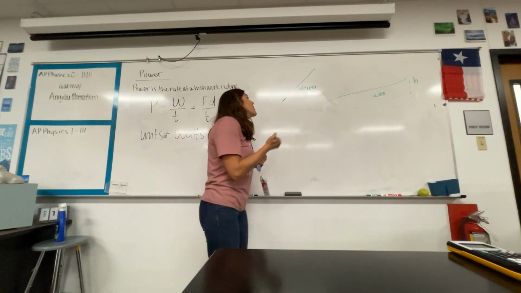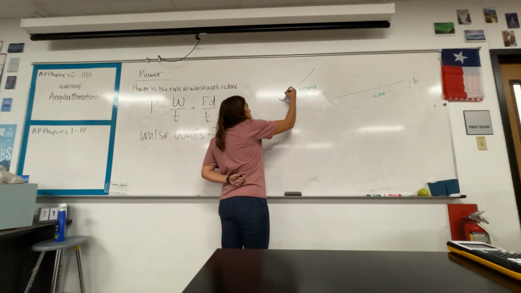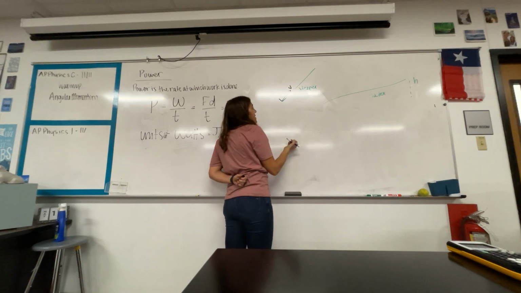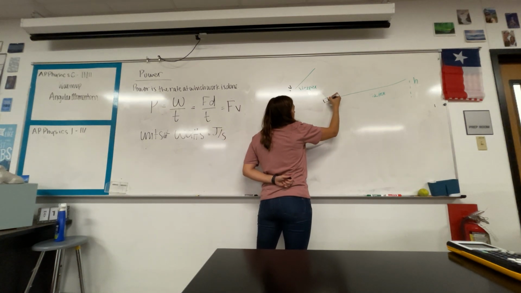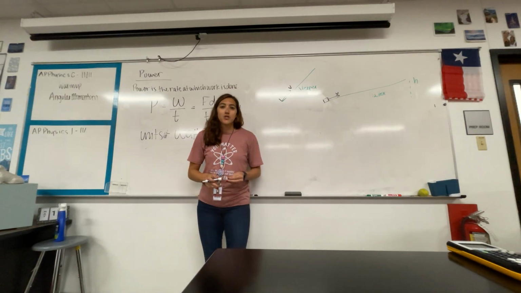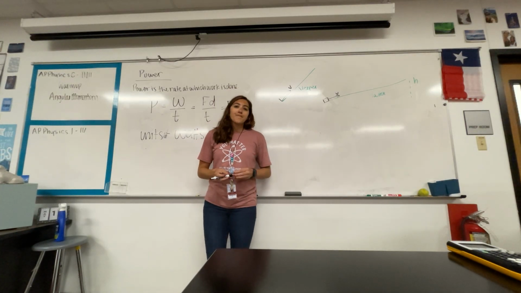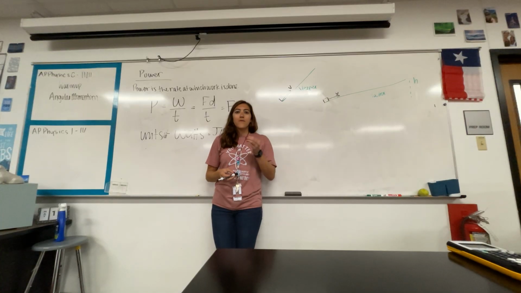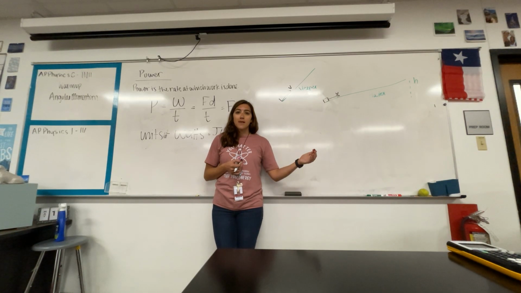And I'm going to push an object up both ramps at a constant velocity v. That's the same for each. So I want to know which ramp requires more power to push this up.